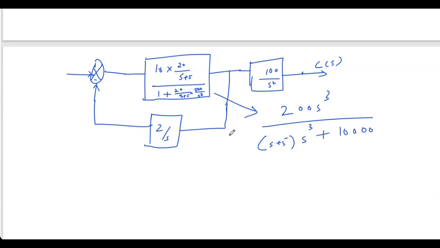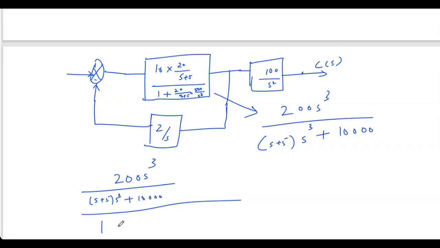And now this is G of S, this is H of S. G of S by 1 plus G of S H of S will be 200 S cube by S plus 5 into S cube plus 10,000, divided by 1 plus negative feedback 2 by S into H of S into the same 200 S cube by S plus 5 into S cube plus 10,000.